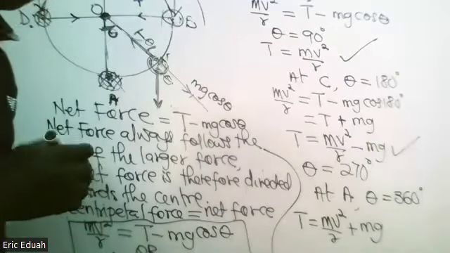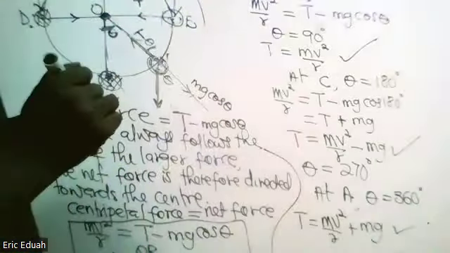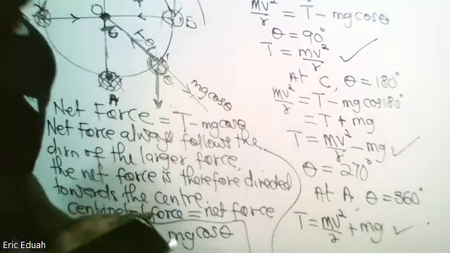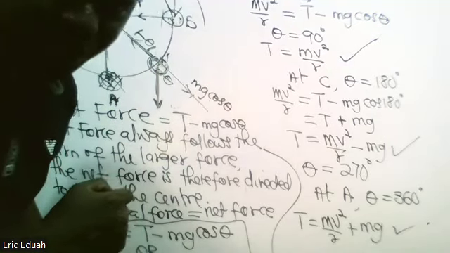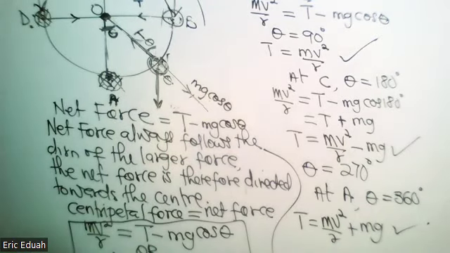Now, look through the 4 positions, whatever we got for the 4 positions, A, B, C, and D. Tell me where we can have maximum tension in a string and where we can also have minimum tension within the string. Think through.